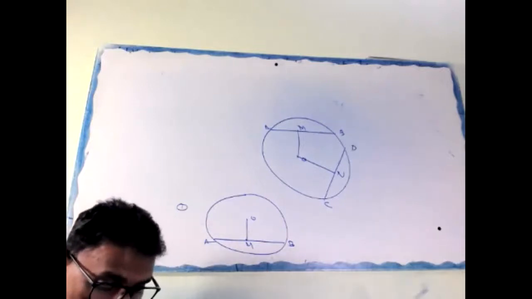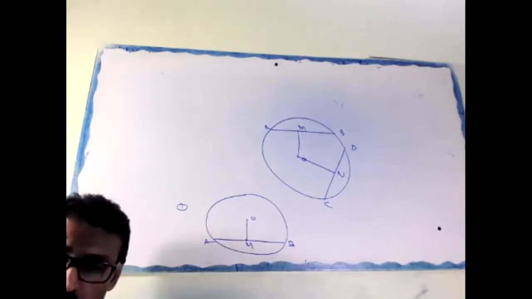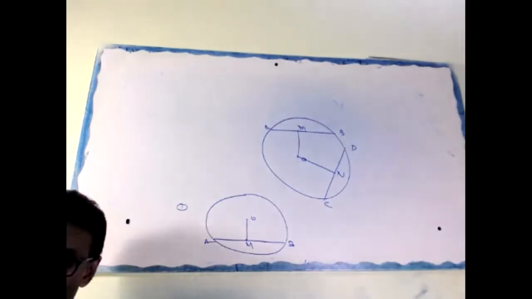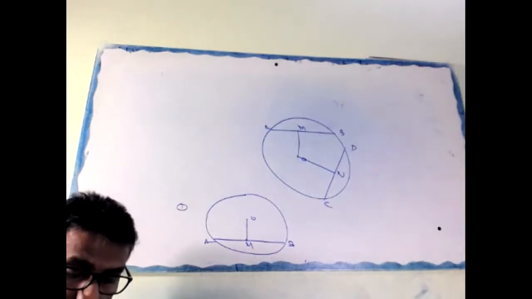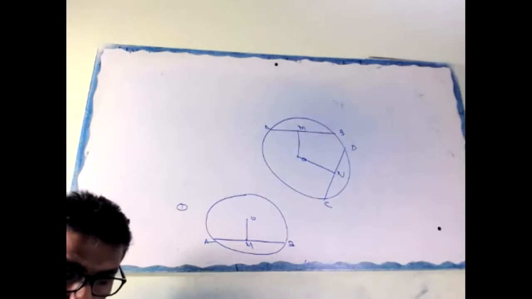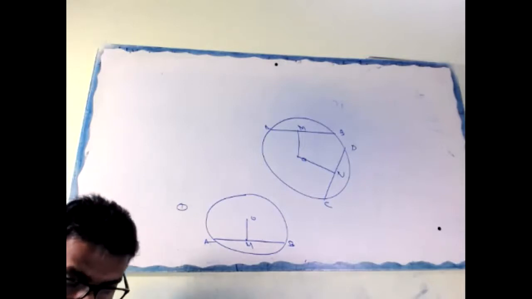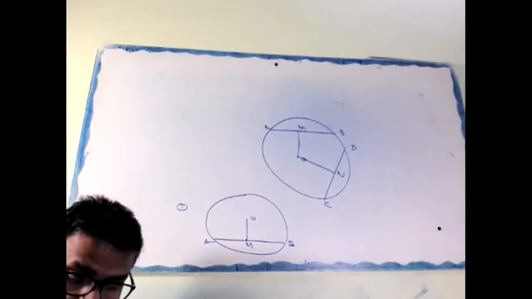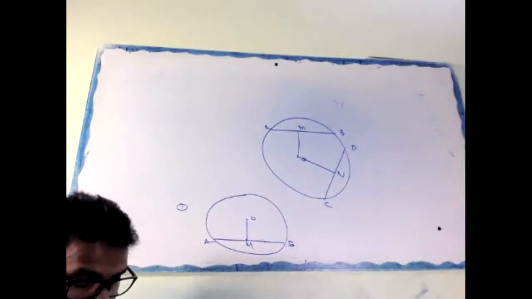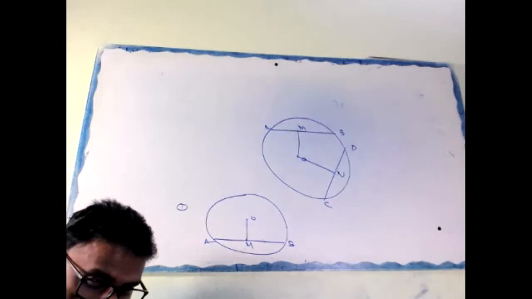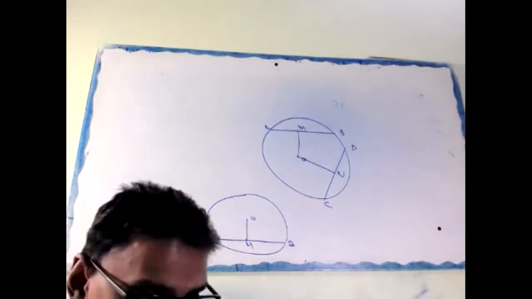Now, write the question. If two circles intersect at 2 points, prove that their centers lie on the perpendicular bisector of the common chord.